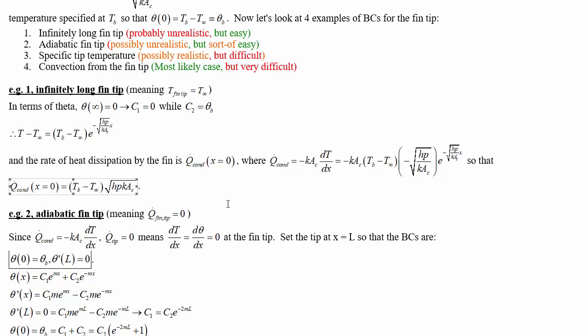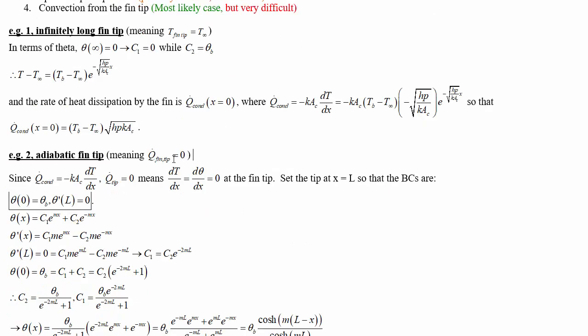fin. The adiabatic fin tip, meaning that there's no heat dissipated by the fin tip, leads to this boundary condition dT by dx equals 0 at the fin tip, because if it wasn't 0, then you would have conduction at the tip.